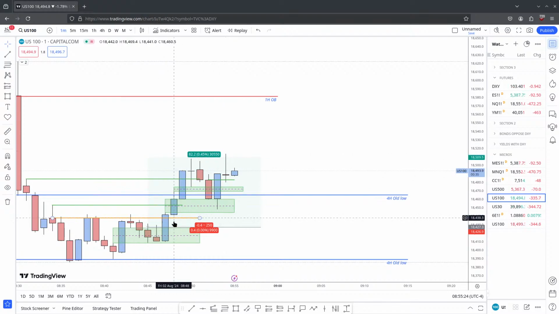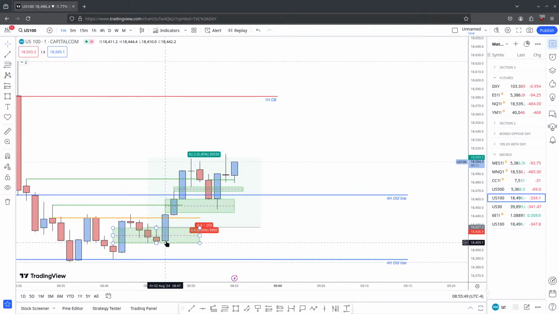We did, however, get a nice run up higher from this fair value gap here. Even though it's at 847, I would still consider that one to be a part of that 950 macro.